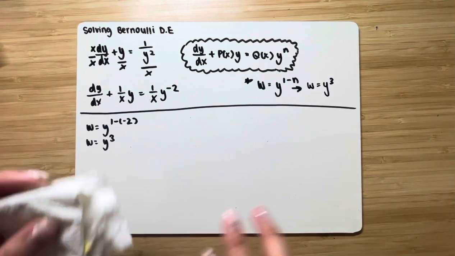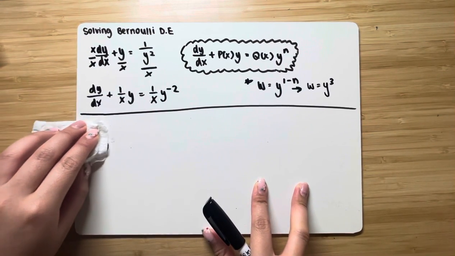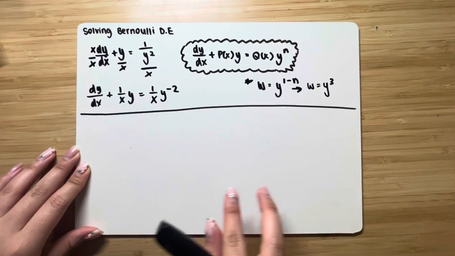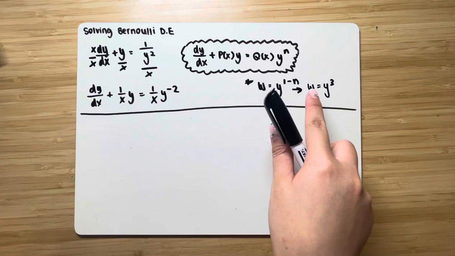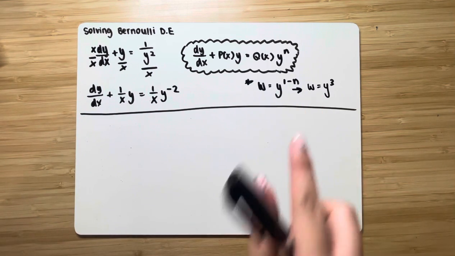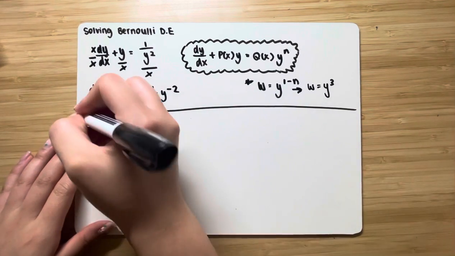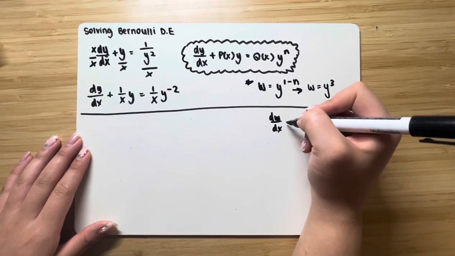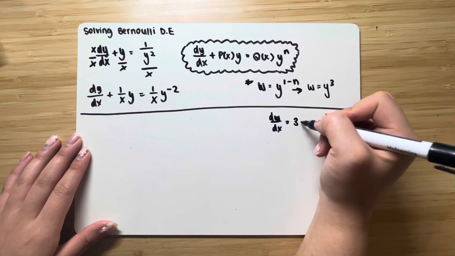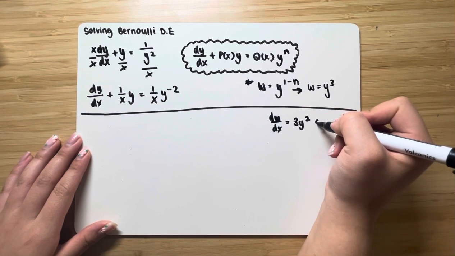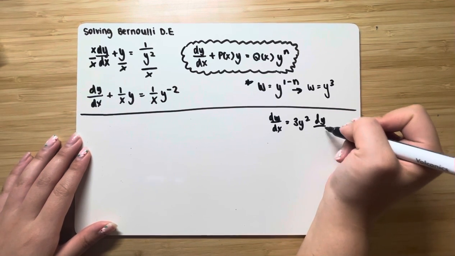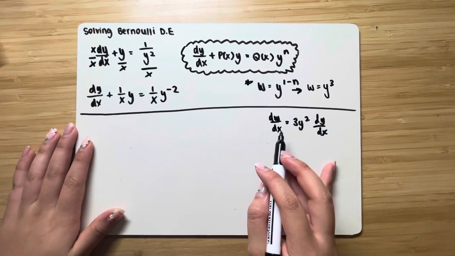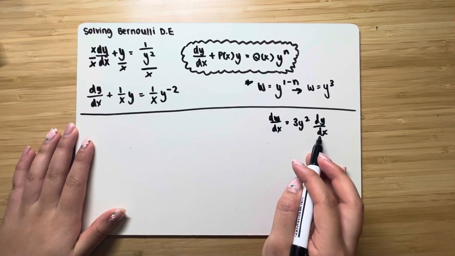Now once you have that, you now want to find the derivative of w with respect to x. So dw dx is equal to the derivative of this, which is 3y squared dy over dx. Now once you have this derivative, you want to solve for dy over dx.